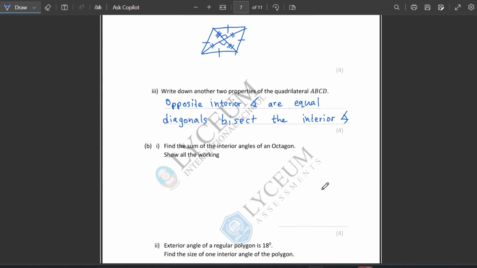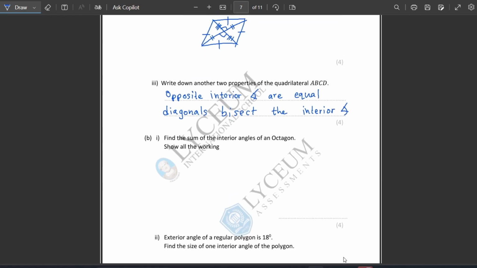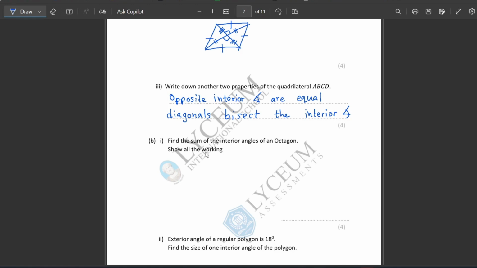And in the B part, find the sum of the interior angles of an octagon. Show all the workings. Okay, let's take a regular octagon. There's a formula to get the sum of interior angles, but I will use the easy method also.